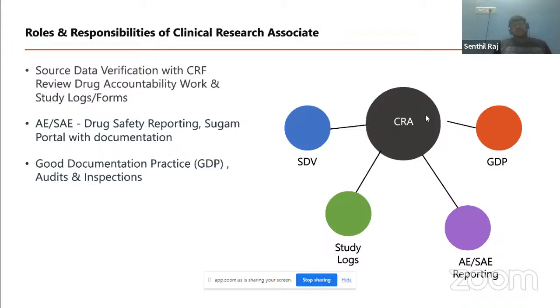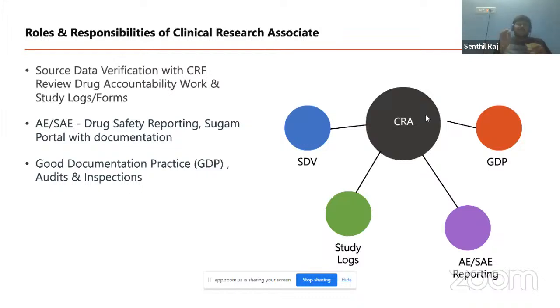Once data entry is done, electronically as well as on paper, you have to follow good documentation practice also. You have to keep on monitoring. Sometimes the site data entry person will not be that well equipped to do data entry, and some people will make mistakes. It happens that something will be in paper and something in electronic.